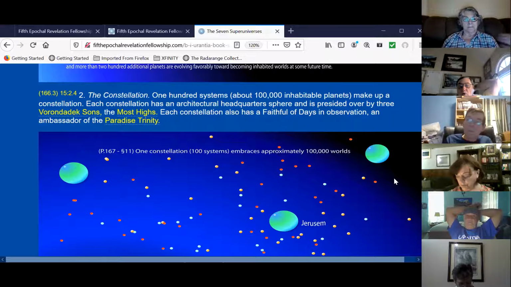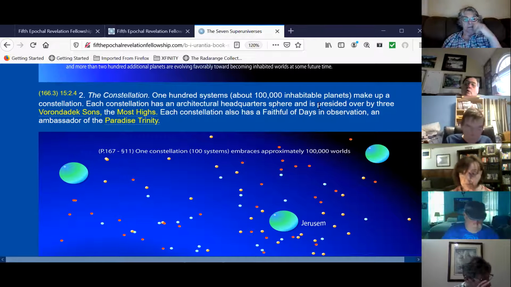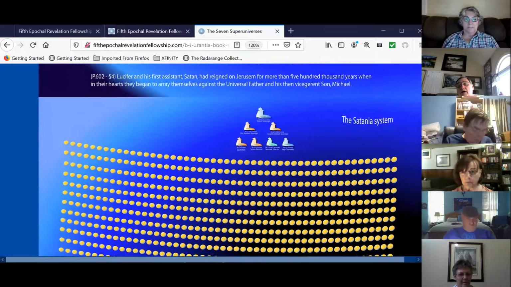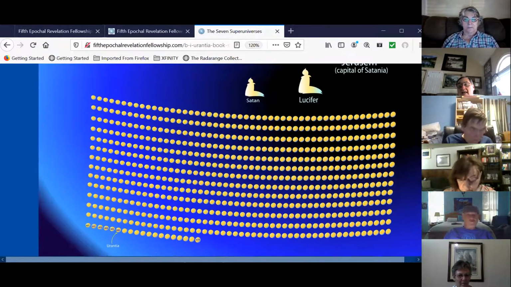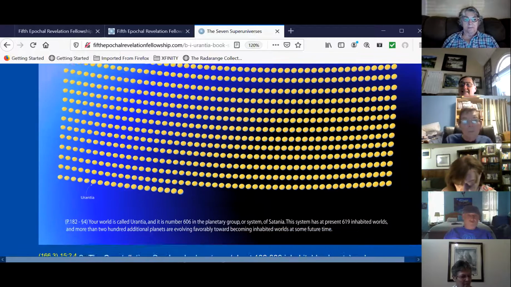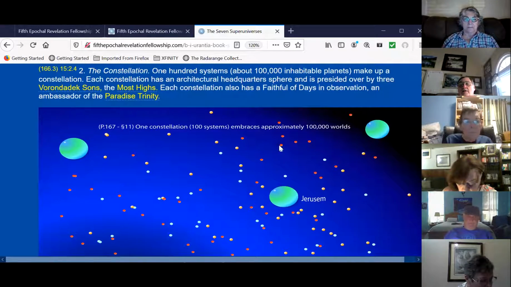Okay, so let's go on to the next section, the constellation. Now what we were just talking about up here is a system, right? That's a system of 1,000 inhabitable planets, okay? The next step up is the constellation, all right? So let's read this next one. Mike, would you take this next one, please? Glad to.